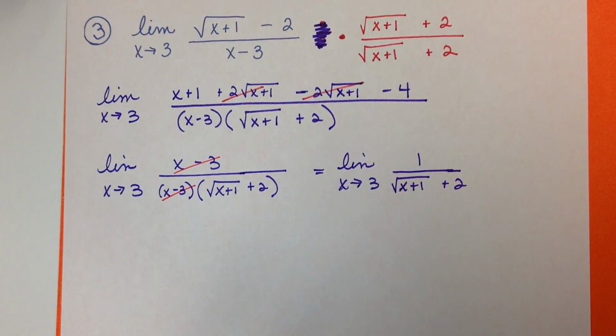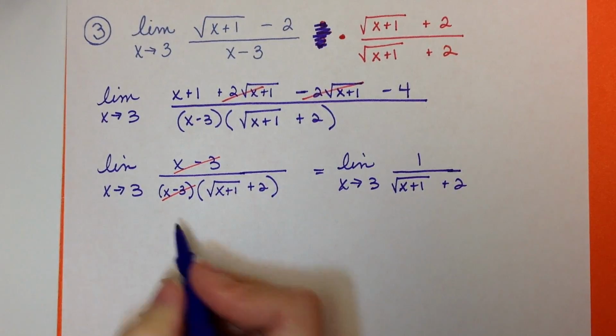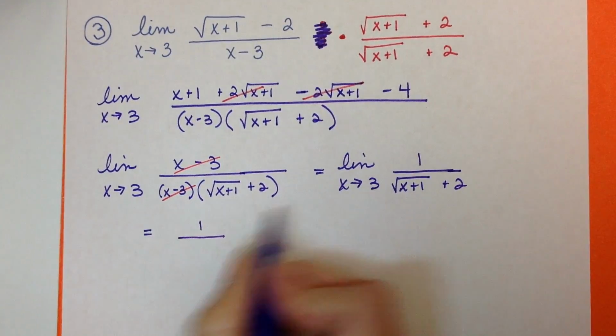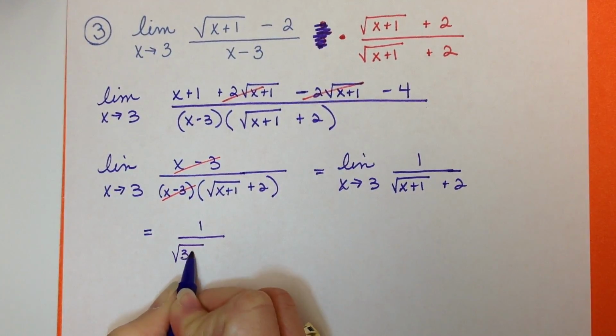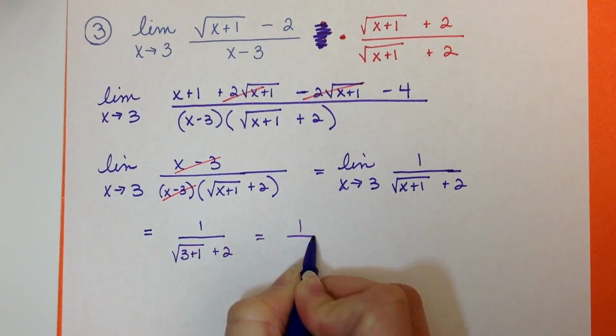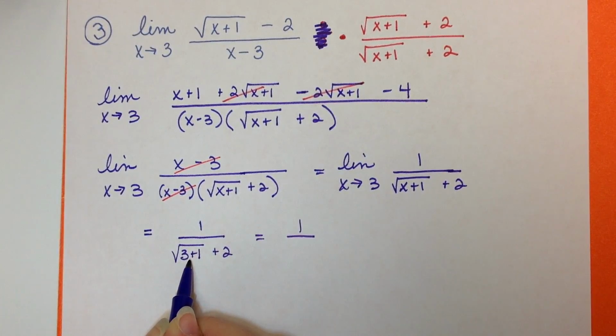So hopefully you're at a point now that you can do the direct substitution. So that's going to be our next step. Okay, so I'm plugging in 3. So that's square root of 4, which is 2, and 2 plus 2 is 4. So that means your limit is 1/4.